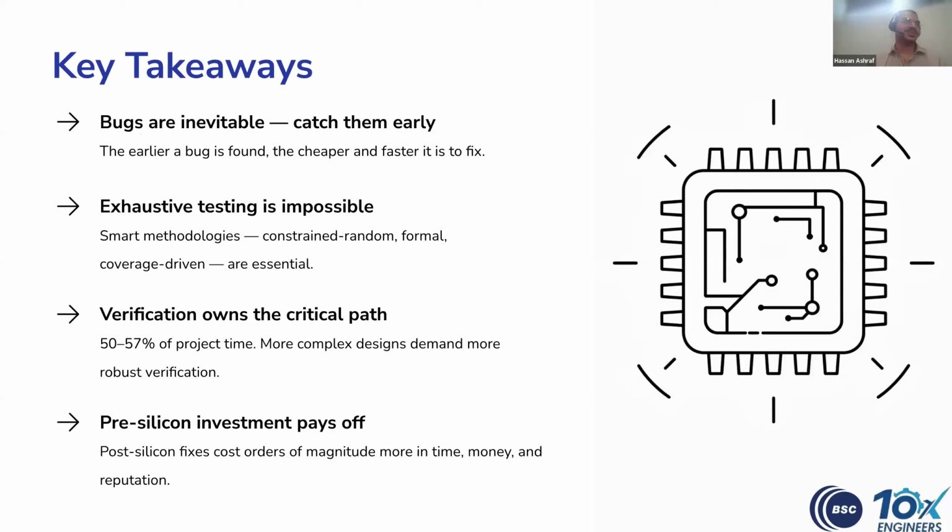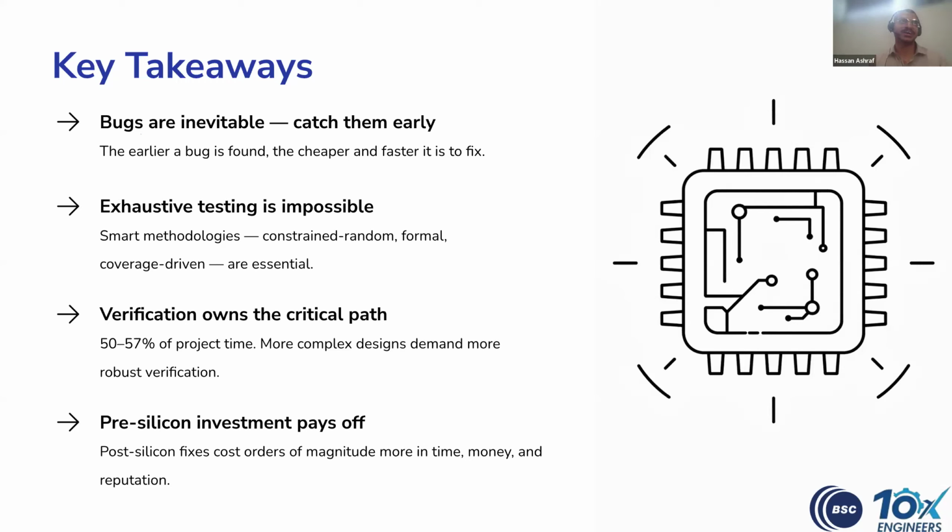Right. So till now we have discussed the high level basic reasons why DV exists and what challenges we face. So for me, it's that verification isn't about being perfect. It's about reducing risk intelligently.